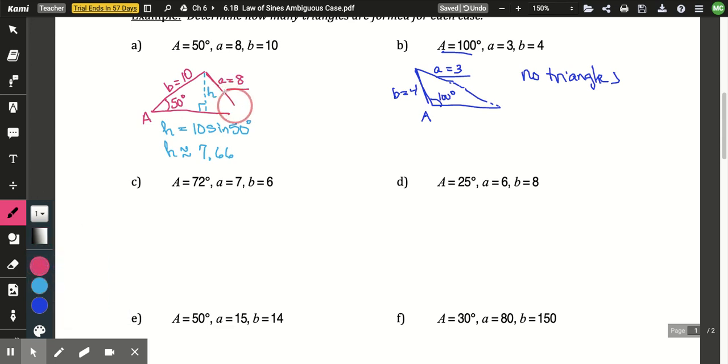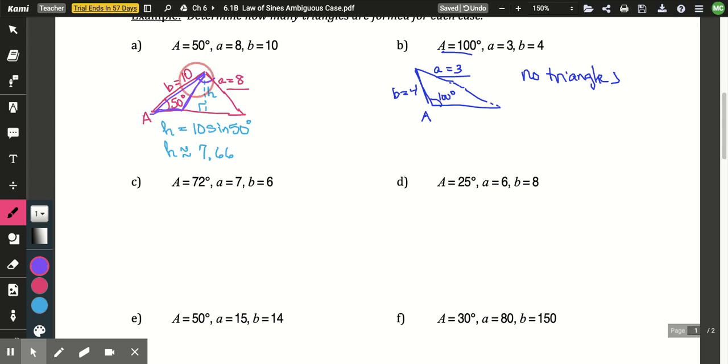So if I continue drawing this, it would actually make it to the other side because it's bigger than the height. Now this is where it gets really interesting. Since I don't know what this angle is up here, they didn't tell me, then I could make this triangle by drawing that side A out this direction, but I could also draw it this direction, and that would make another triangle over here.